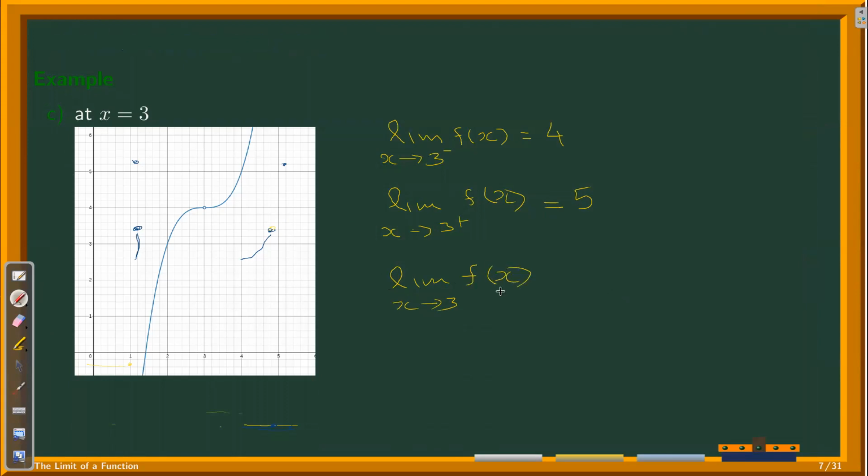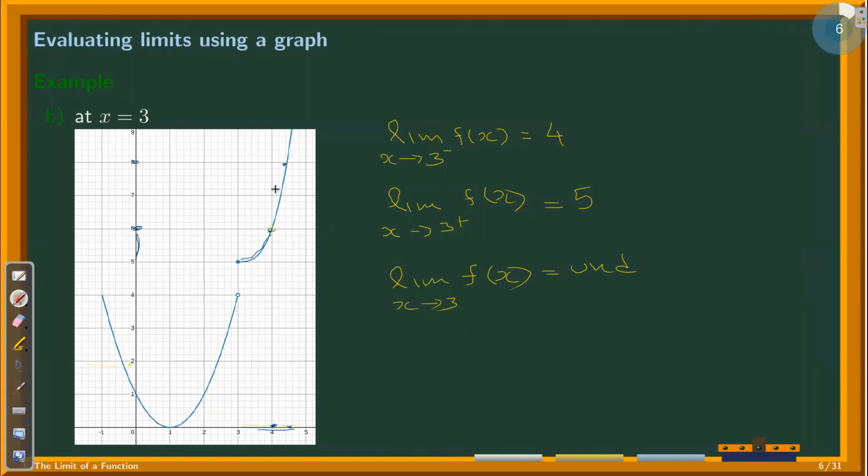Why? Because these two limits are different. So here, when I come down, it's getting close to 3, it goes undefined. Okay, any questions? Because on this side I'm coming along the piece above this piece, no? So it's getting close to 5.